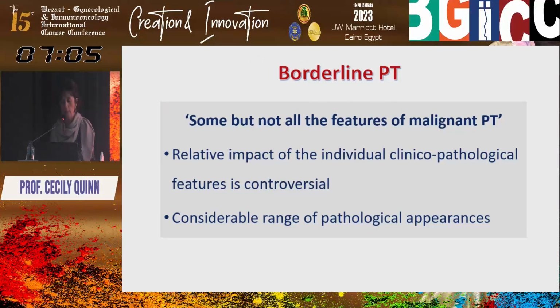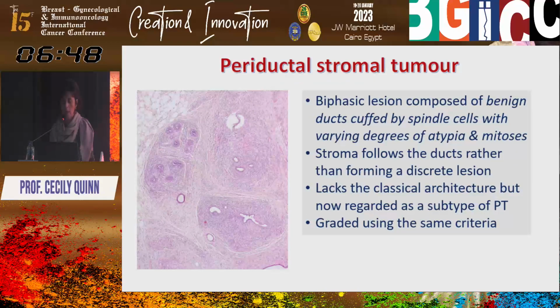I'm not going to dwell on borderline. Like all things in pathology, a borderline phyllodes tumor has some, but not all of the features of malignancy. So if you apply the criteria strictly for benign versus malignant, and it doesn't fit either, then you're probably in borderline territory. A periductal stromal tumor is where the stroma follows the ducts.